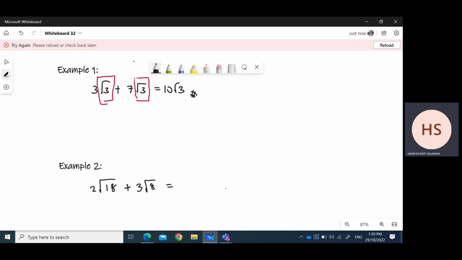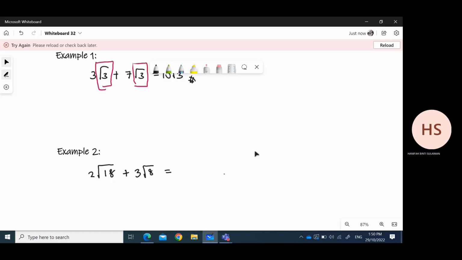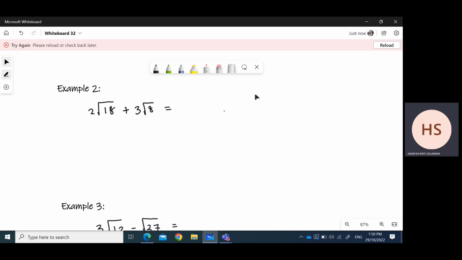Okay, so example 2. We have this equation, which is 2 times square root of 18 plus 3 times square root of 8. Okay, so based on this, 18 we can factorize.